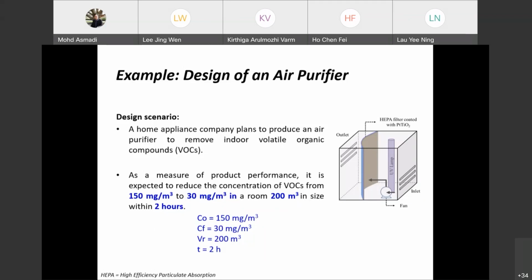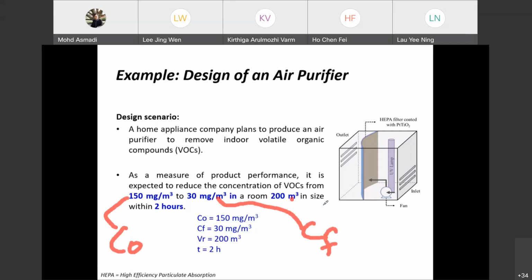As a measure of product performance, it is expected to reduce the concentration of VOC from 150, so this one is C naught. If you still remember chemical reaction class, 230 milligram per cubic meter. This one is C final.